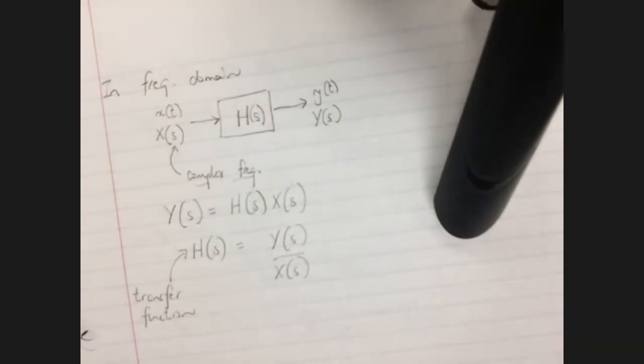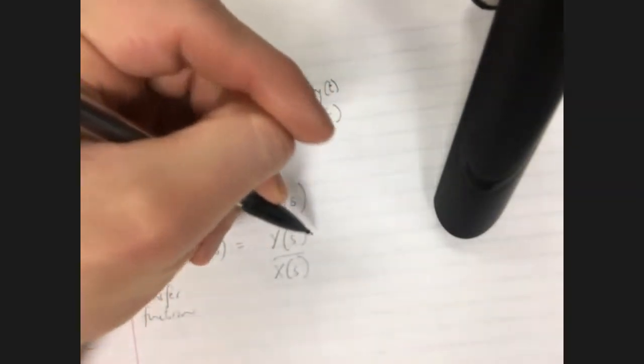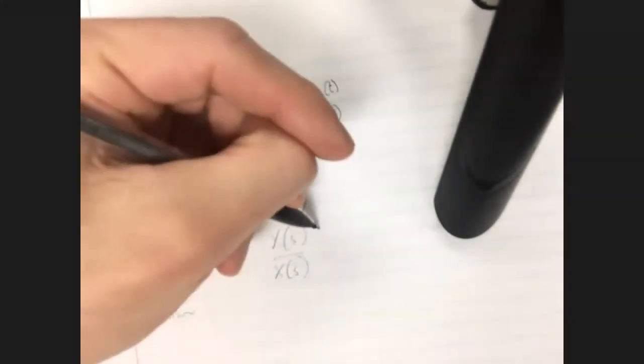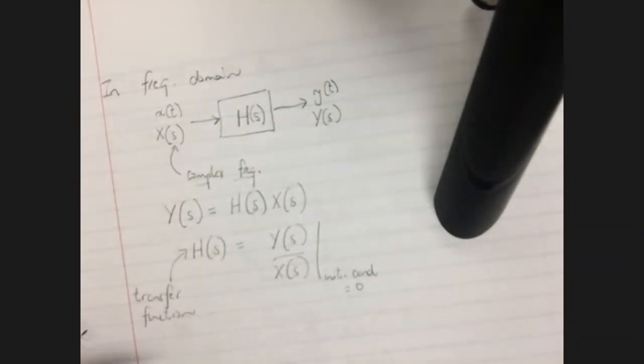There's one other thing just to add here to your transfer function. This is going to be equivalent to that ZSR in a way. So this is going to be true for initial conditions equals 0. So we set initial conditions equals 0, and then we do this Y over X.